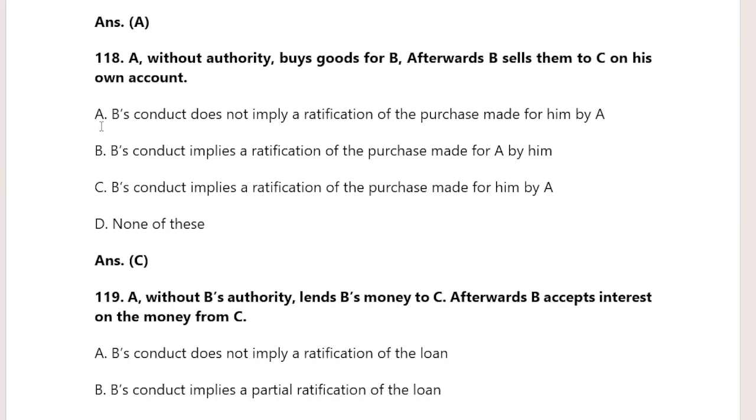Then option A: B's conduct does not imply a ratification of the purchase made for him by A. Option B: B's conduct implies a ratification of the purchase made for A by him. Option C: B's conduct implies a ratification of the purchase made for him by A. Option D is none of these. Then the right answer is option C.